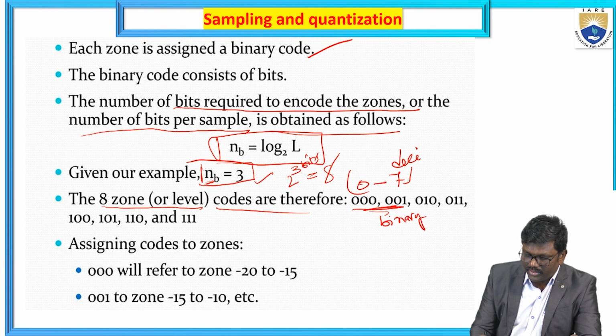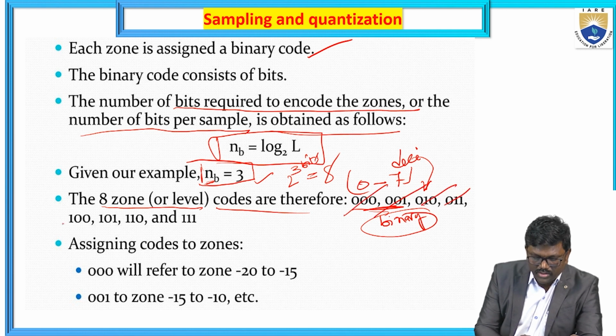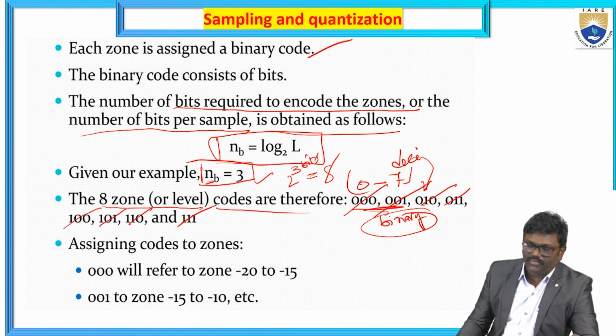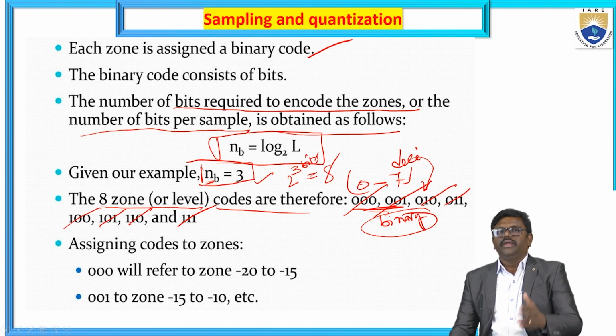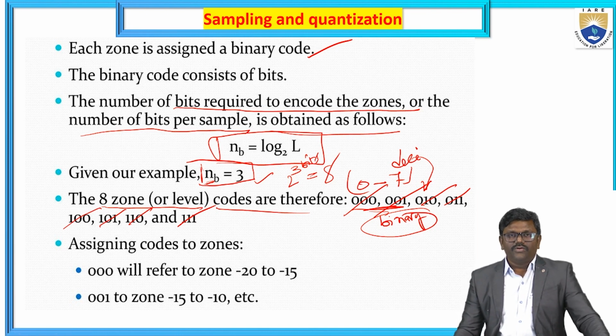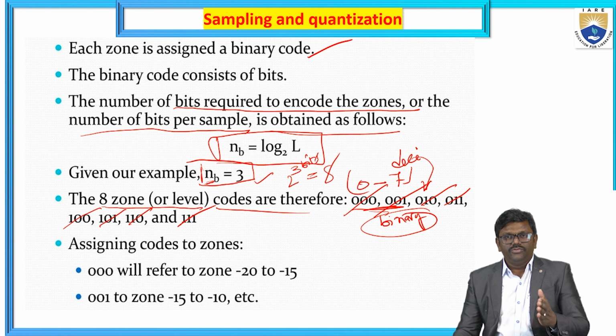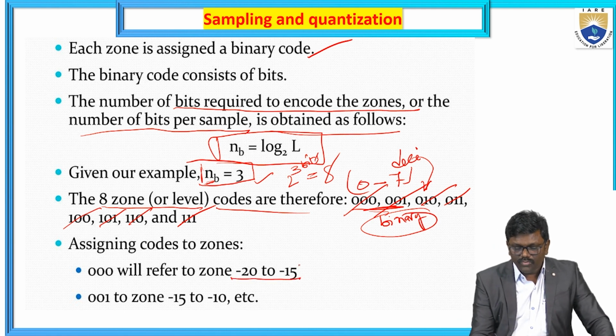So here you are converting decimal to binary, and the values are 0, 1, 2, 3, 4, 5, 6 and 7. 0 to 7 means 8 values. Okay. So assigning codes to zones: 0 will refer to the zone minus 20 to 15 volts of your amplitude.